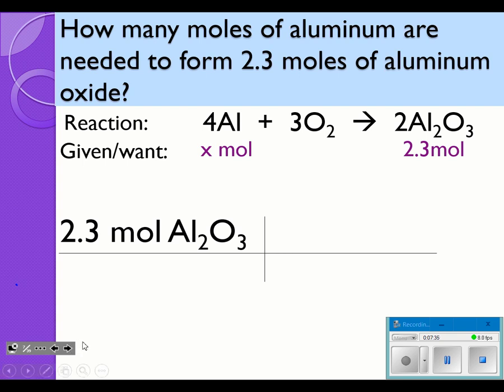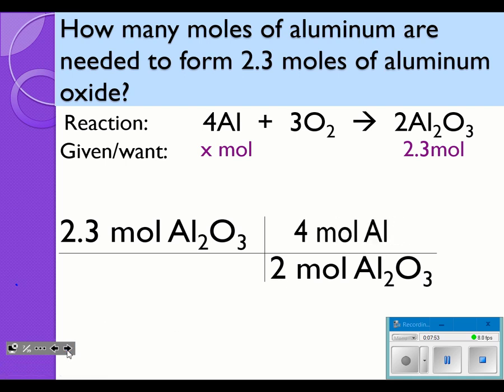Okay, so we're going to put moles of Al2O3 on the bottom, and we're going to put moles of Al on the top, because we put the moles of what we're given on the bottom and the moles of what we want on the top. Then we will use the coefficients that are in front of those compounds as the number of moles. So we end up with 4 because of the coefficient of 4 in front of the aluminum on the top, and we end up with 2 because of the coefficient of 2 in front of Al2O3 on the bottom as the number of moles.